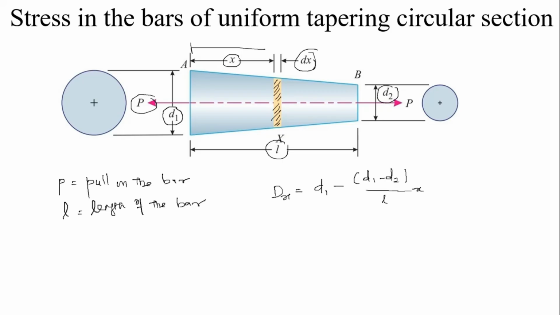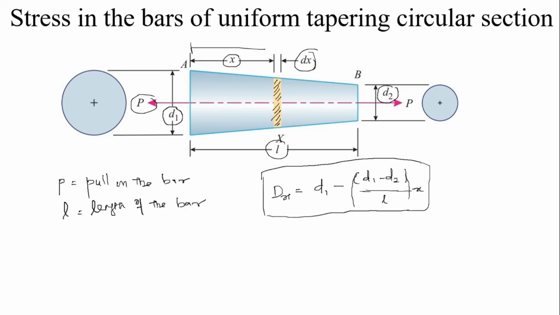So, this is the general formula if we want to calculate the intermediate diameters of a uniform taper bar. The general formula is dx equal to d1 minus (d1 minus d2) divided by L into x, where this x is the total x.